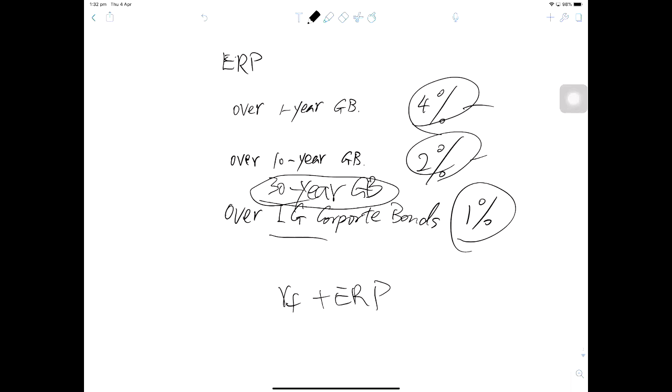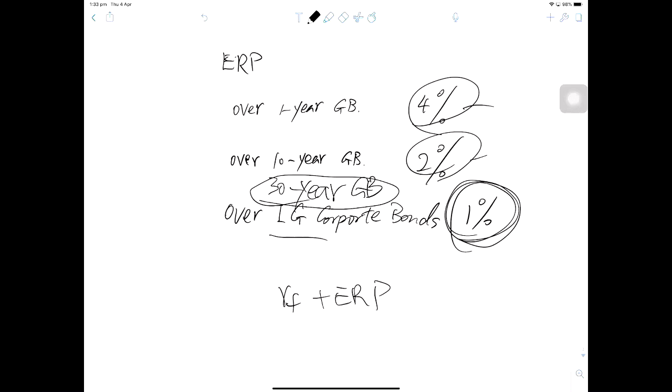What's the use of that equity risk premium over corporate bonds? In a lot of cases, with specific risk or company-specific risk, when we try to calculate the required return from that project, it might be more appropriate to use the equity risk premium over a corporate bond index.